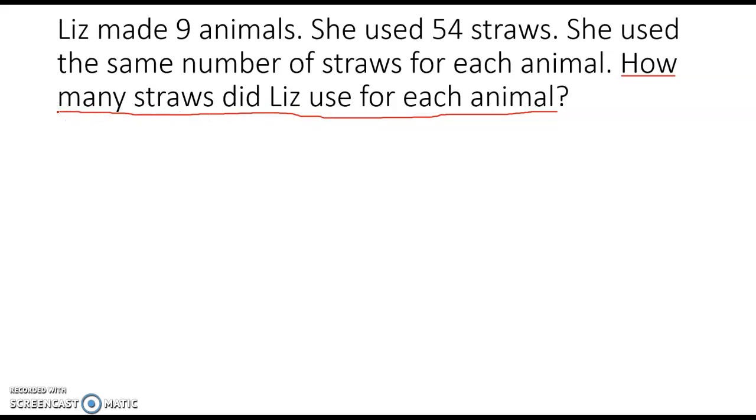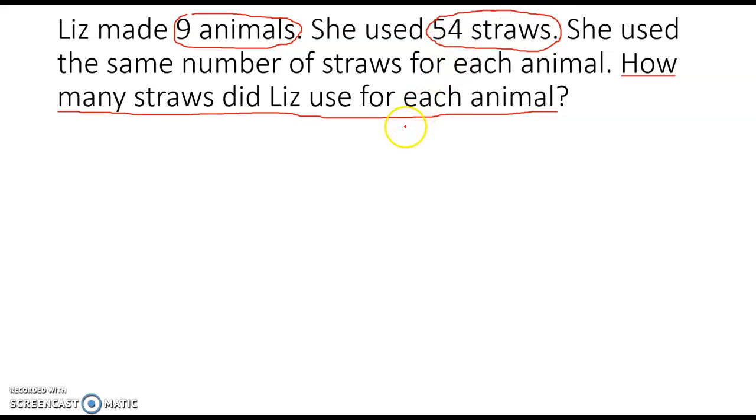What information is going to help us solve this? Okay, we know that she made 9 animals and she used 54 straws altogether.